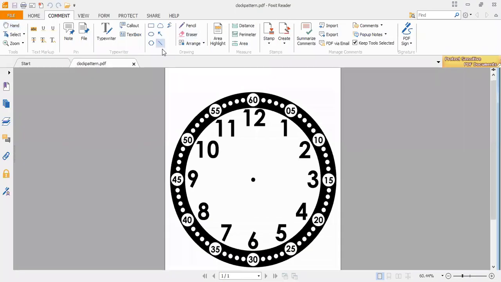If I have the clock like this, how can we read this clock? It's not 2 o'clock.